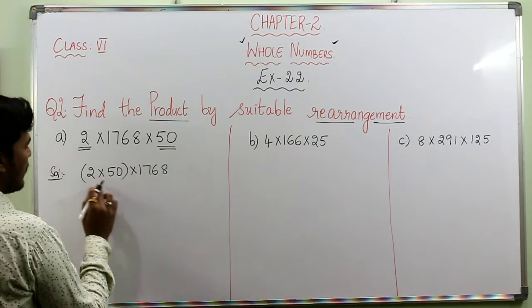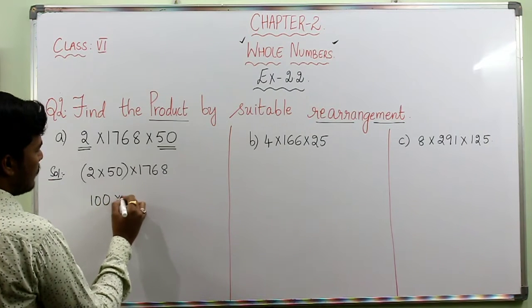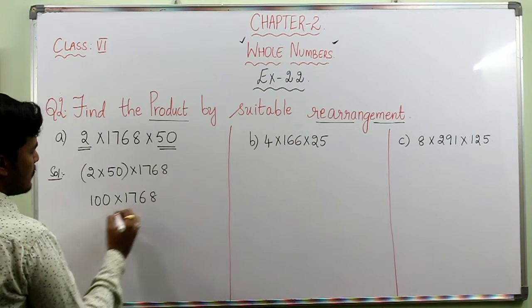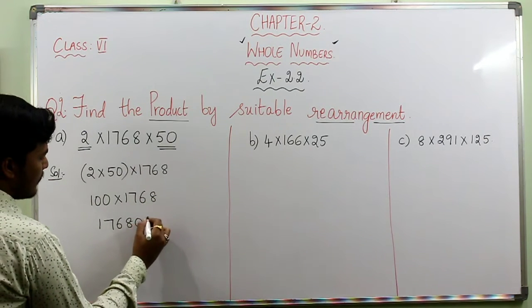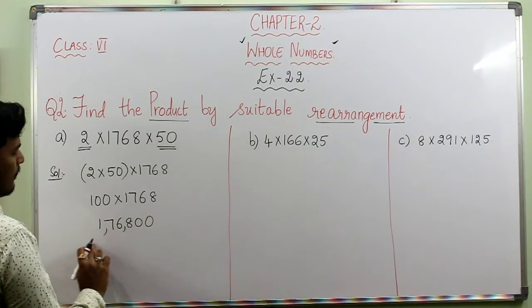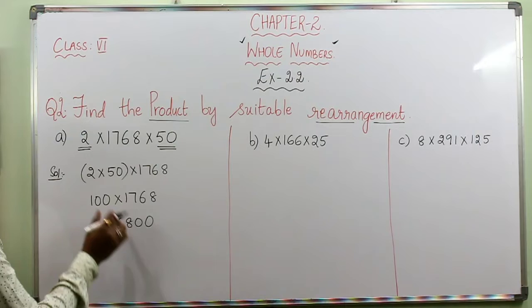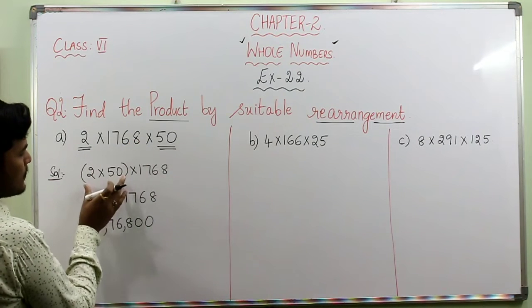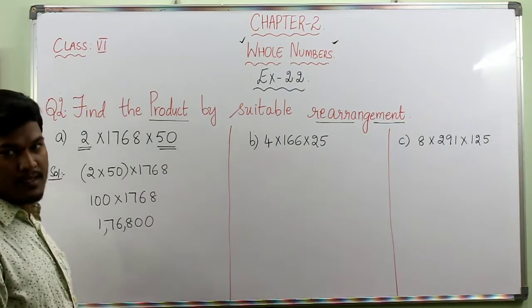So this will become 5 2s is 10, 100 into 1768. Two zeros will be added, so it will become 1,76,800. This is how we arrange the terms so that the multiplication becomes simpler and easier.